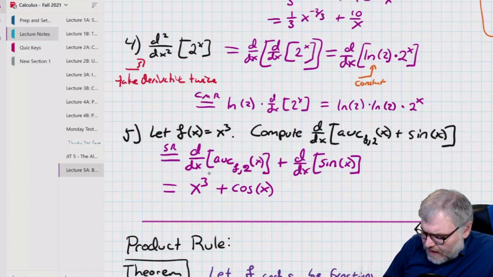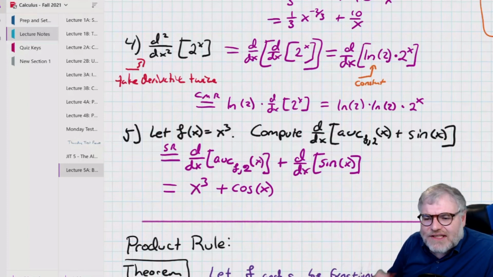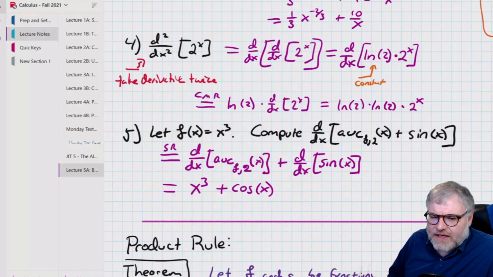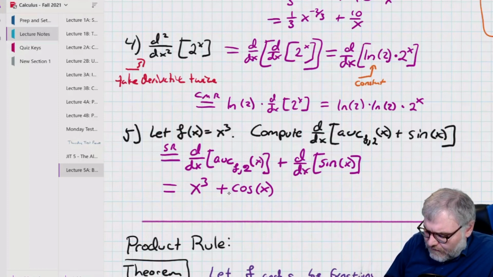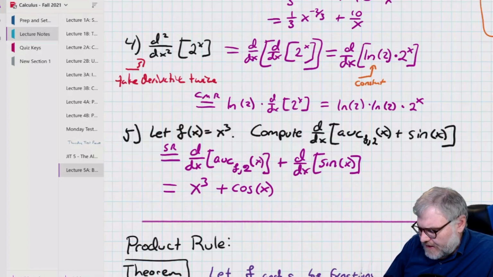When I take the derivative, I split it up using the sum rule, and I wind up with the derivative of AUC f 2 of x. The derivative of this is simply x cubed. Notice I don't actually care what the 2 was. I don't care what the base point is. This thing told me what its derivative was. It was f. Well, f was x cubed. And then I'm adding the cosine, because that's the derivative of sine.